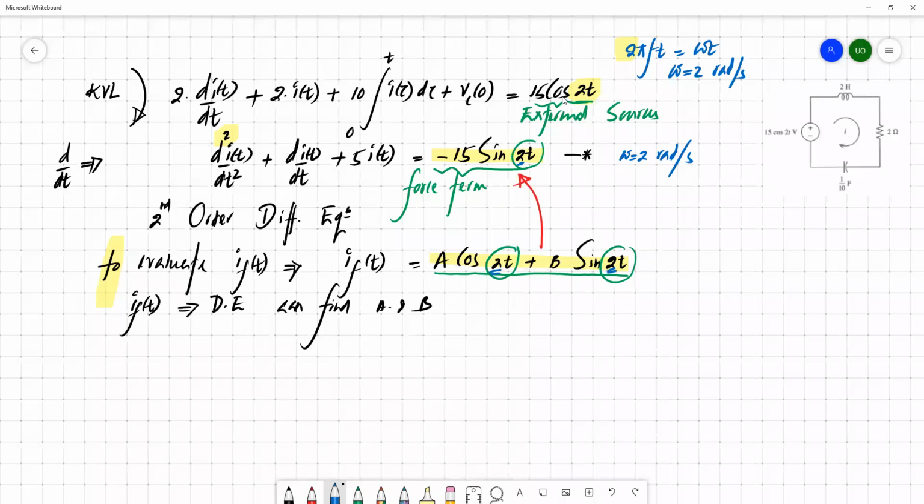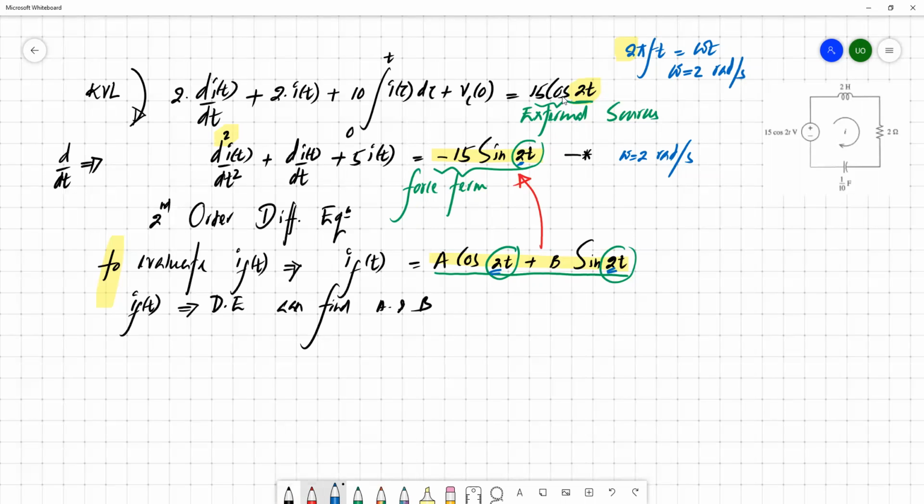If you had sine 4t here instead of 2t, then this trial solution would be A cos 4t plus B sine 4t. Keep in mind that it's aligned with the angular frequency of the source we connect. This is the way we first try to evaluate A and B and the force response.